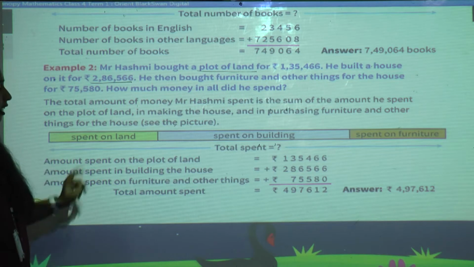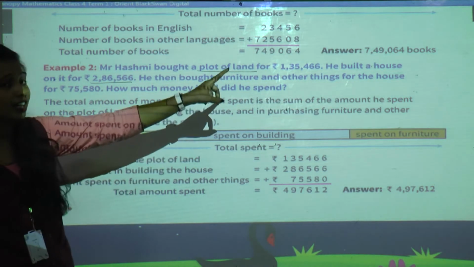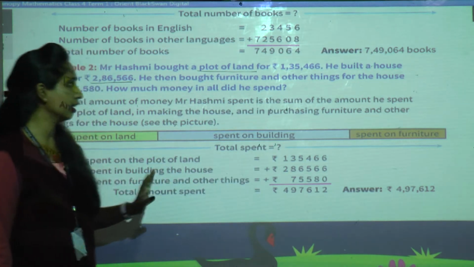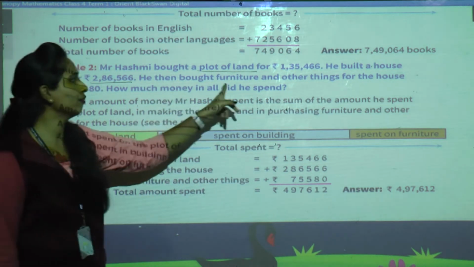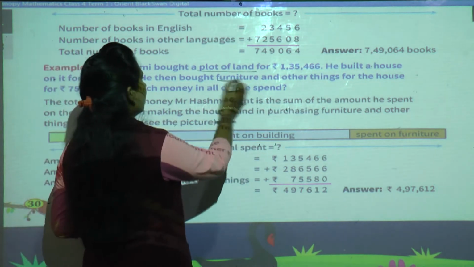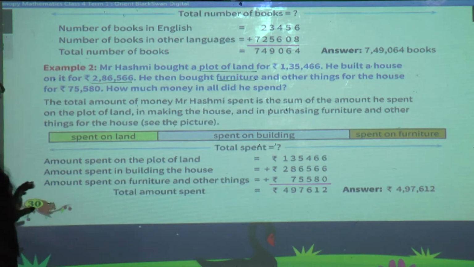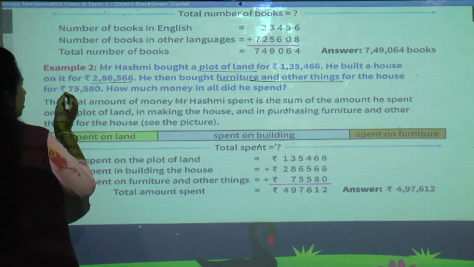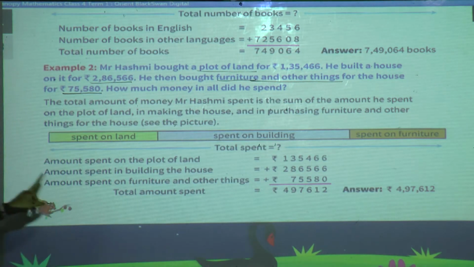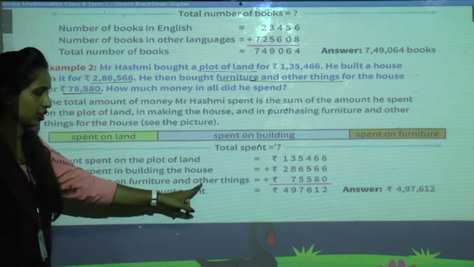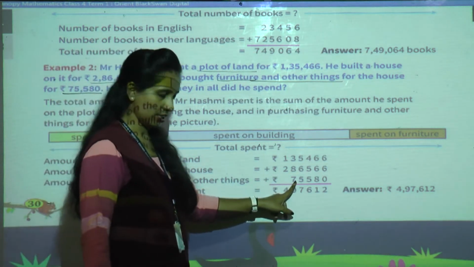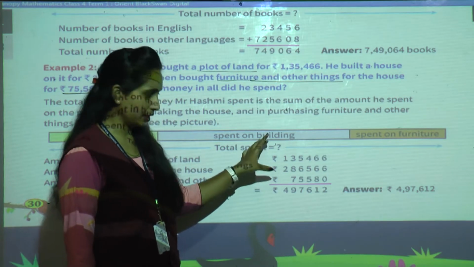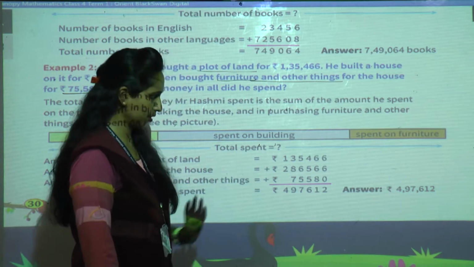Building the house, same amount we have written. And the next is, then he bought furniture and other things. For how much? 75,580. Amount spent on furniture and other things. So what do we have to do? We have to add together these three amounts.